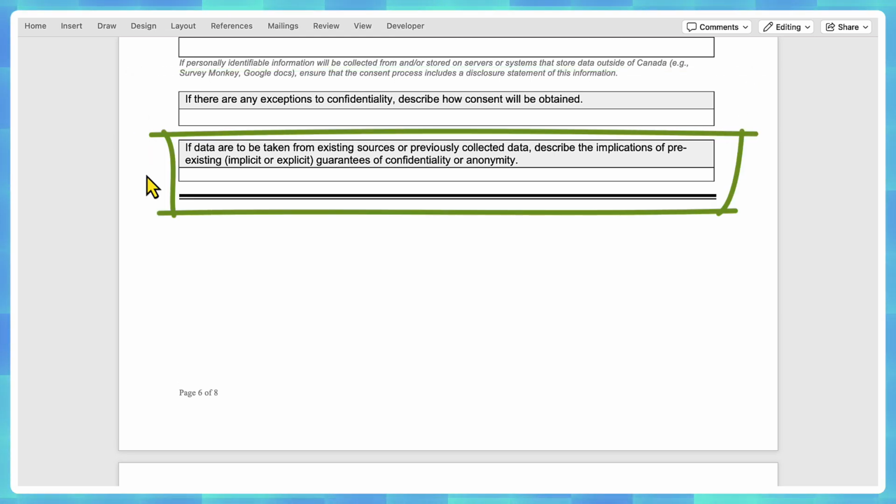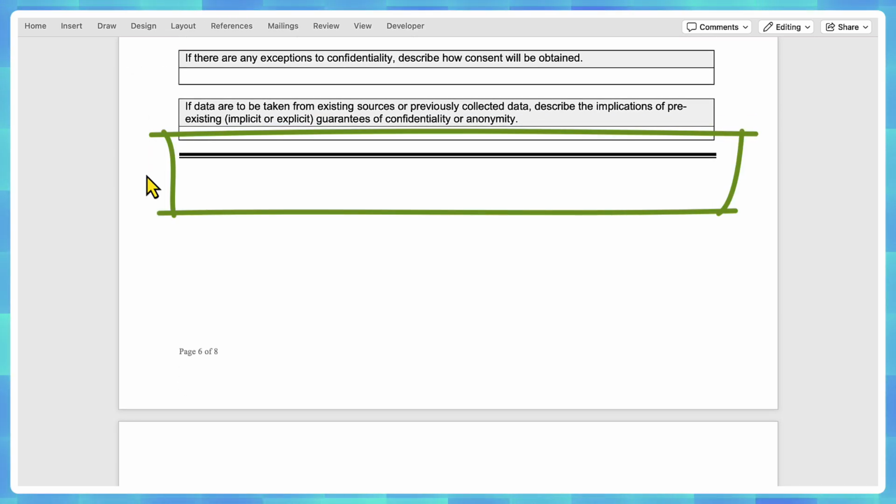The last section here is if the data you're using is coming from existing sources or previously collected data, you need to be aware of, and then here communicate, what were some of the guarantees about confidentiality or anonymity that were given to those participants and those persons for whom that data is that you are now using.